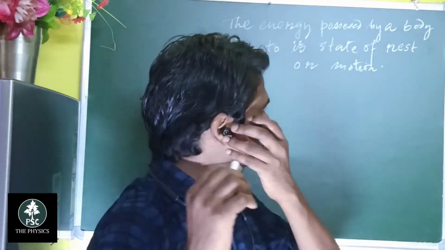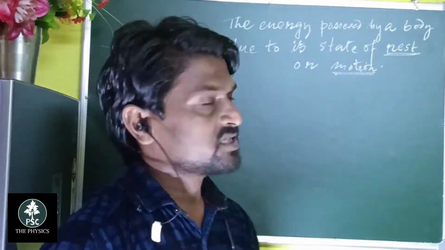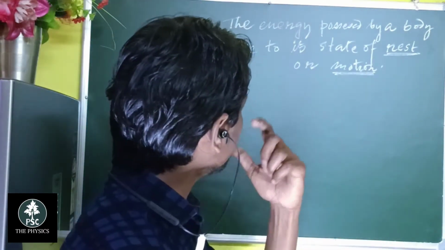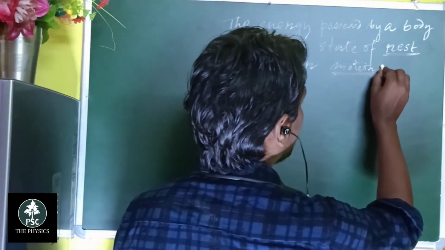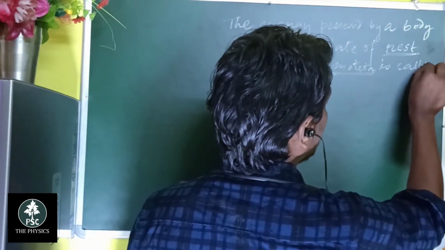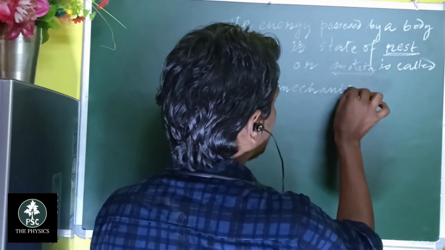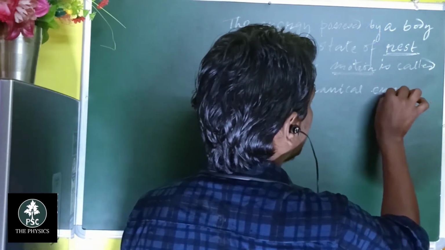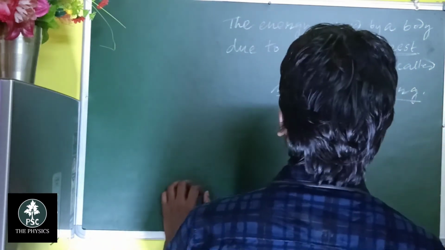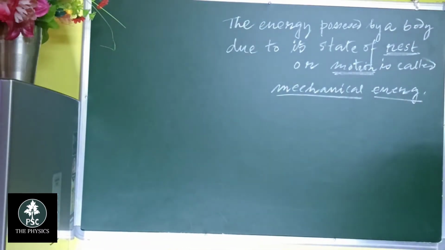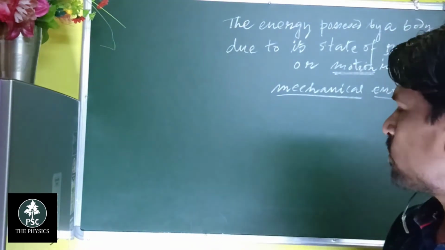Students, think that if an object is at rest or in motion, it possesses some energy. So the energy possessed by a body due to its state of rest or motion is called mechanical energy. So the first question is, what is mechanical energy? The energy possessed by a body due to its state of rest or motion.